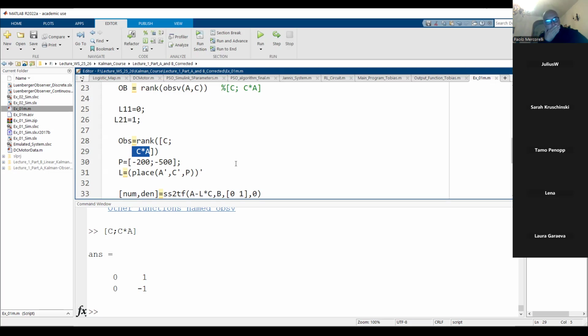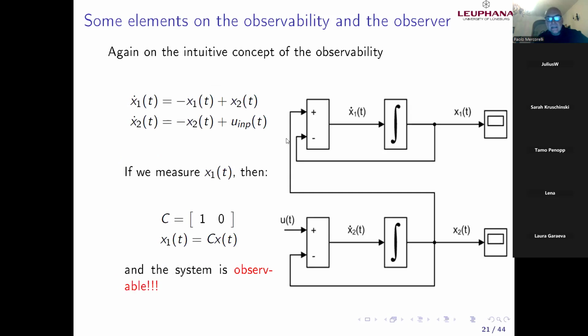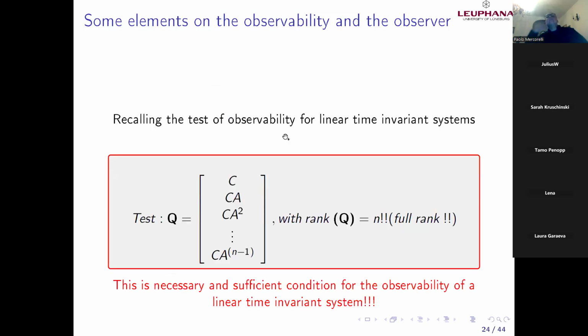What I wrote here is just what I tried to explain. Let me show you again. Last time, very quickly, I introduced this slide with the test.